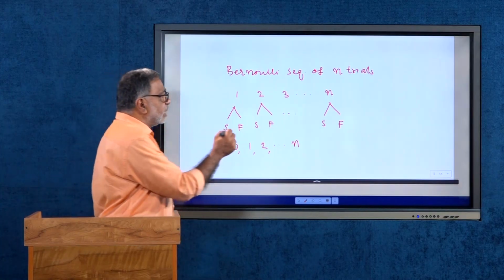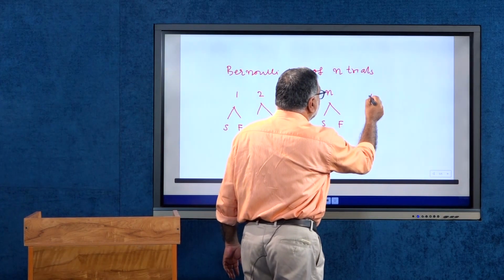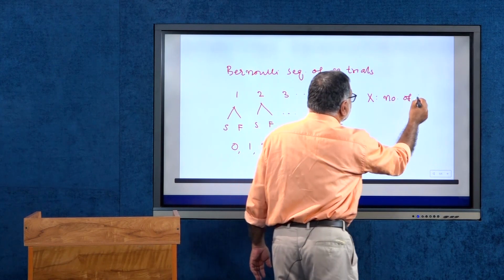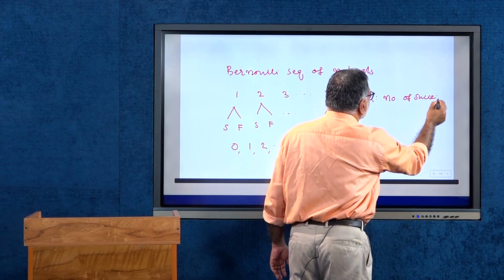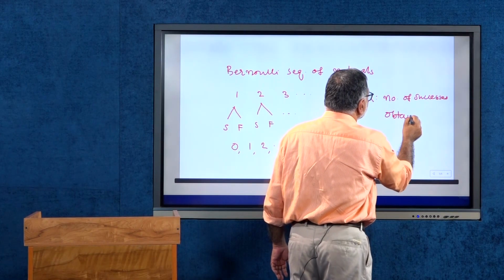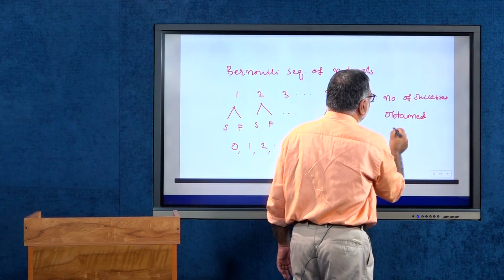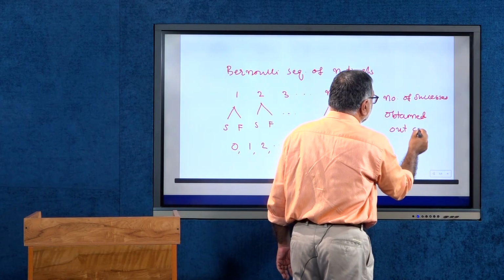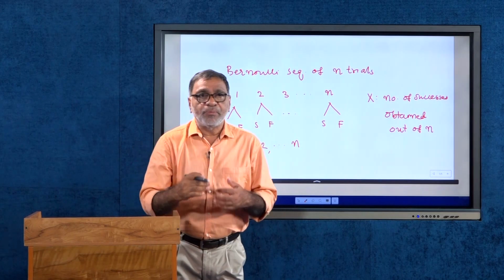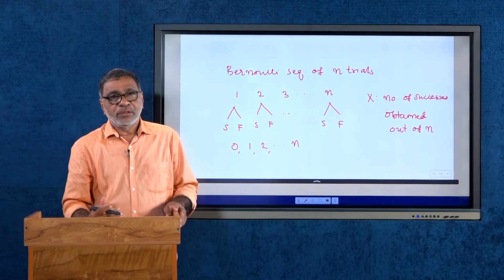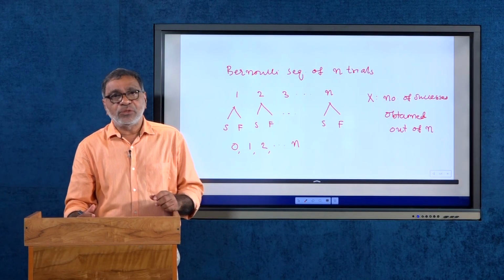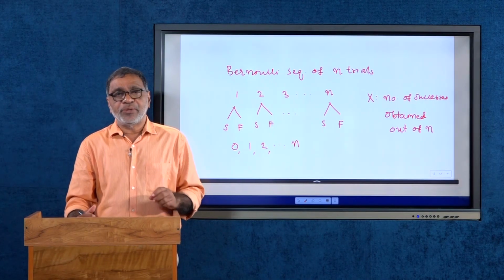Suppose x is a random variable defined as the number of successes obtained out of n trials of a Bernoulli sequence with probability of success p. This is a discrete random variable having the values 0, 1, 2, 3, and so on up to n.